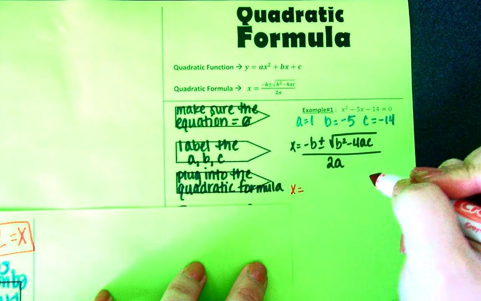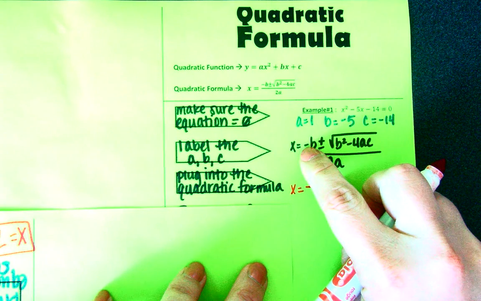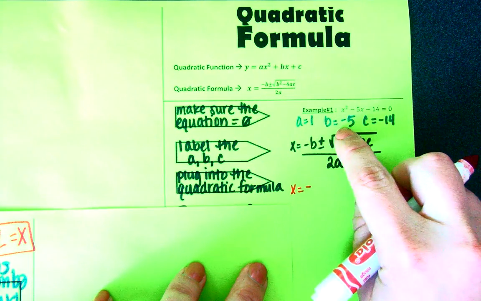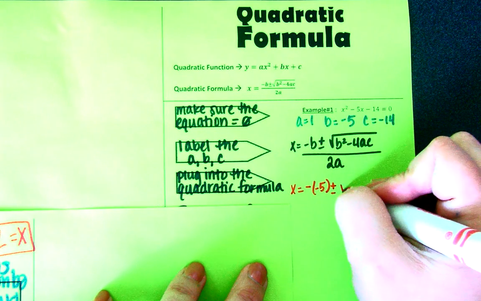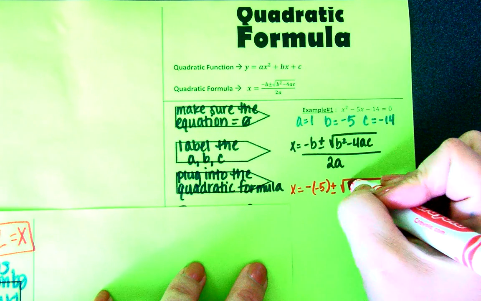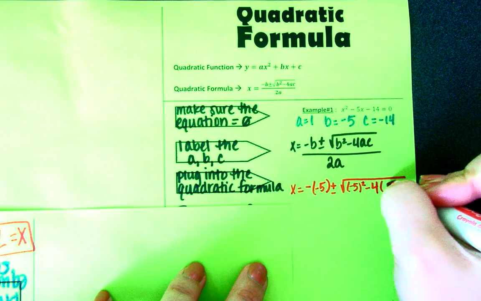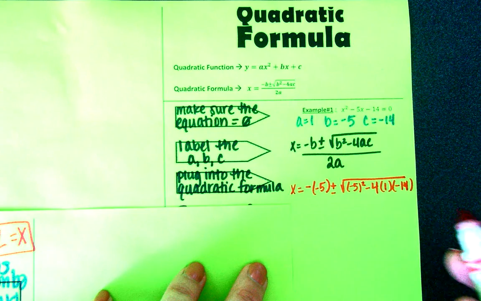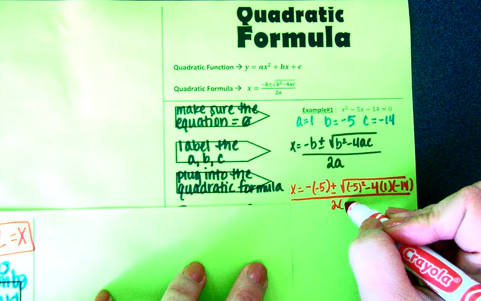So you have x equals the negative, because that negative never changes. That negative always has to be there. Negative, plug in your b, which is -5, plus or minus the square root of b squared minus 4 times a times c, all over 2 times a.